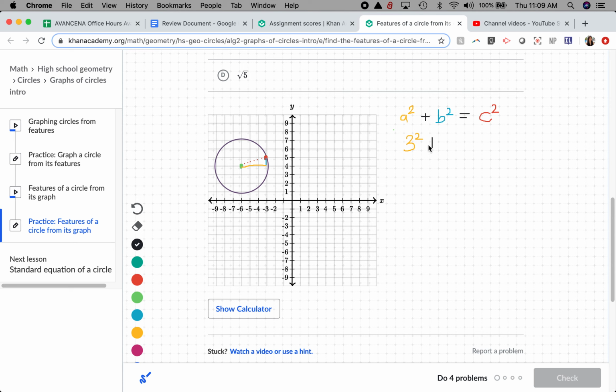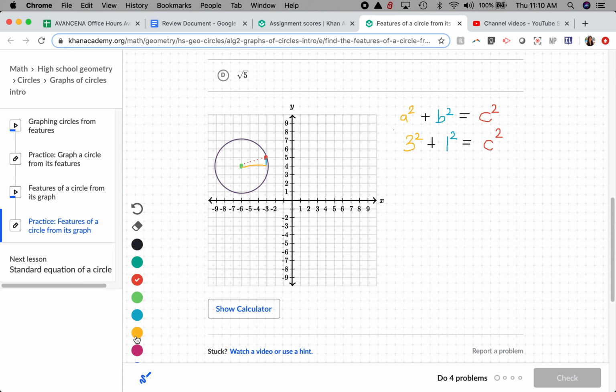plus b squared, which if we count is 1 unit, that's the change in the y-axis, 1 squared equals c squared, which we don't know yet. So we're going to keep it as c squared.